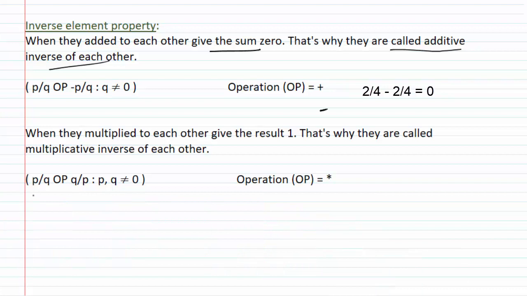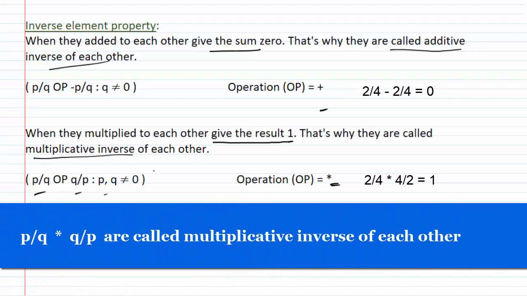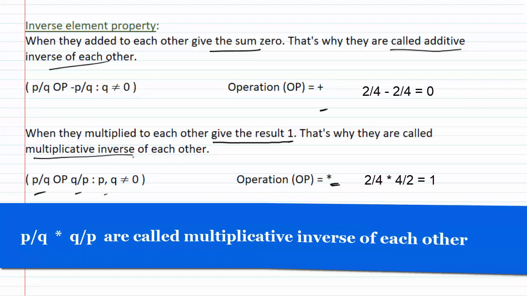Similarly, if you are given a number p upon q and another number q upon p where p, q is not equal to 0 and you perform the multiplication operation, then the result you will get is 1. That's why they are called multiplicative inverses of each other. Means p by q and q upon p are called multiplicative inverses of each other.